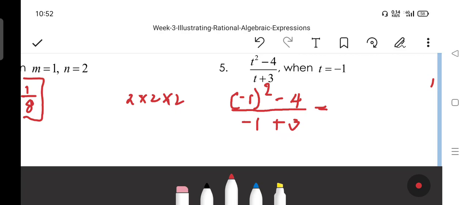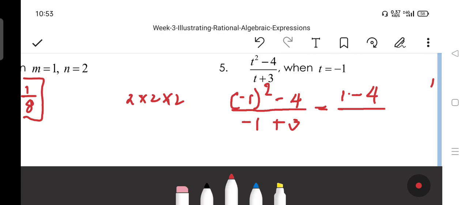Negative 1 squared means negative 1 times negative 1. Negative times negative is positive, and 1 times 1 is still 1. Since we have limited space, we have to erase this first. So we have negative 1 squared, again 1, and then minus 4 all over negative 1 plus 3.